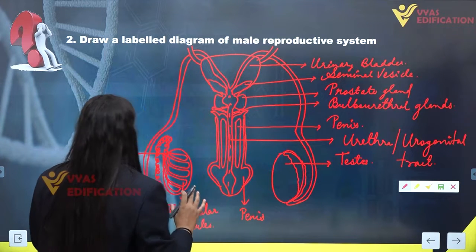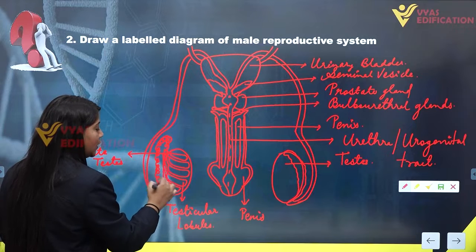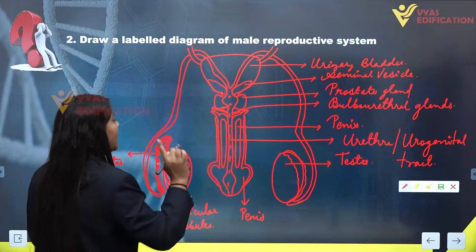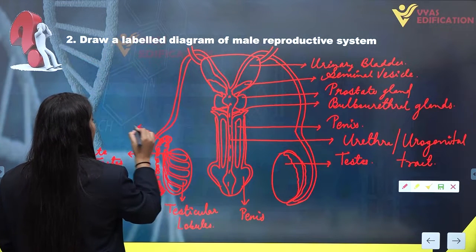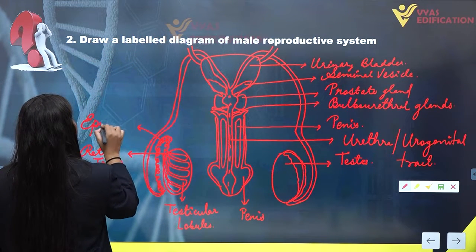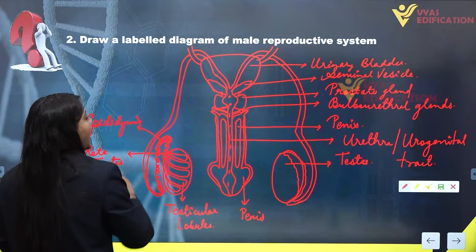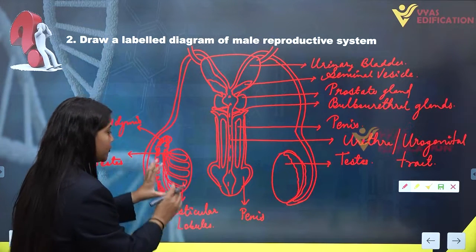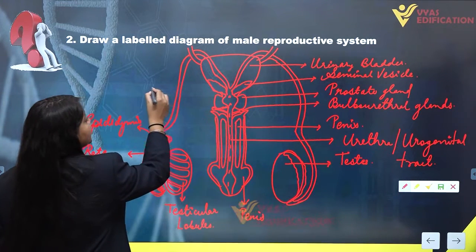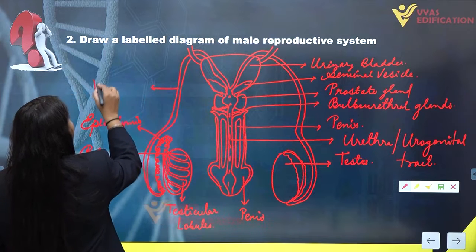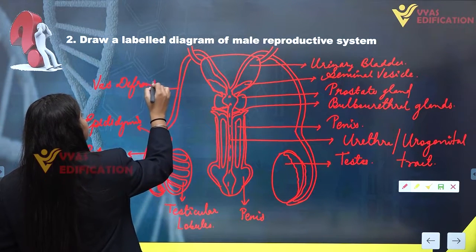Now let's come towards the duct system. This is rete testis, and this is highly coiled tube of the male reproductive system and the longest tube also. So this tube is known as epididymis. And this tube, which is conducting sperms from the testis to the abdominal cavity, is known as vas deferens.